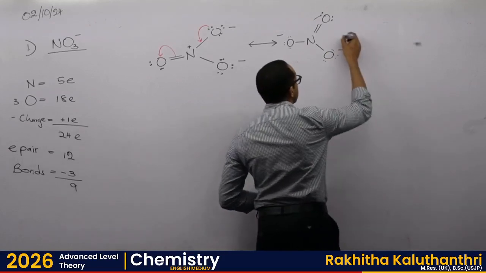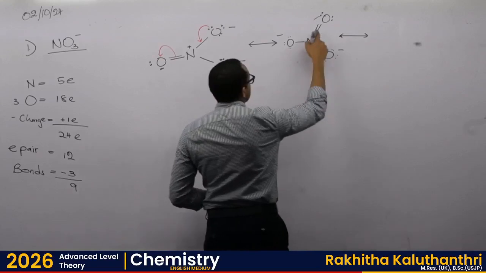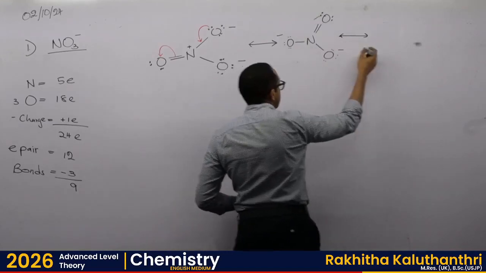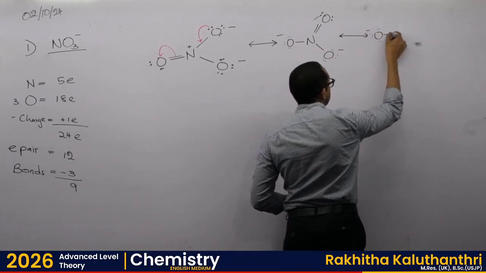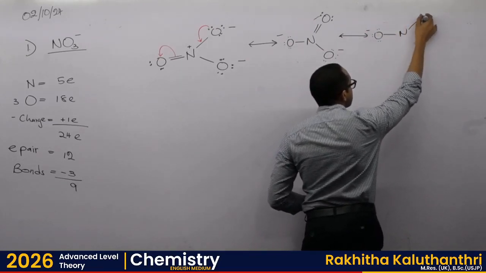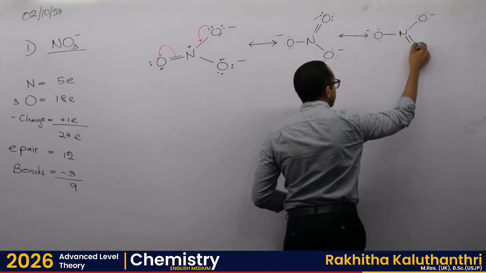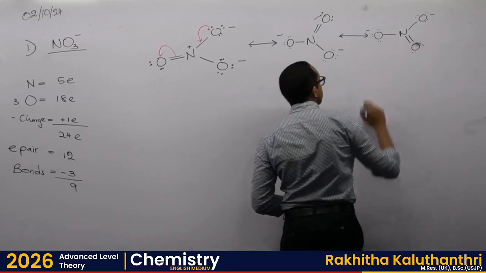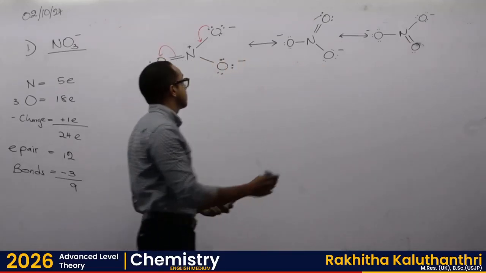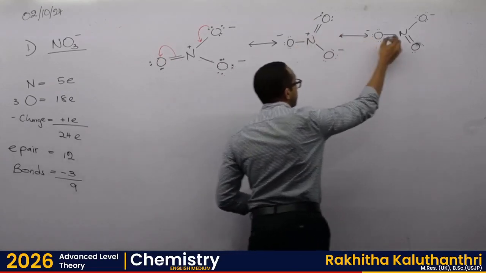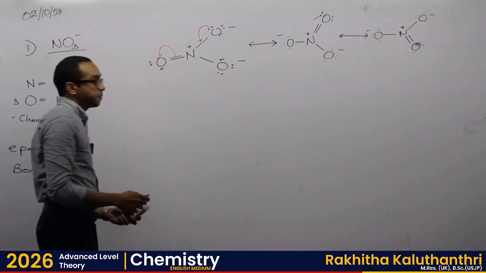Apart from that, you can again have another electron transfer. These electrons can go here and this can form a double bond. Like this. So these are the stable resonance structures of the nitrate ion.